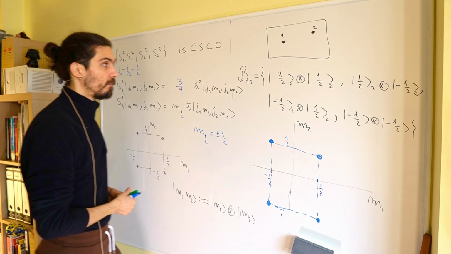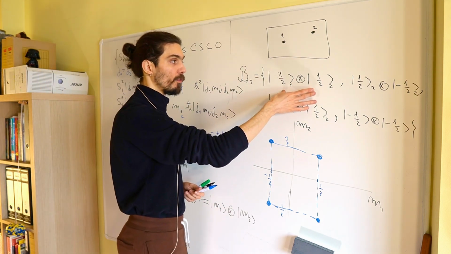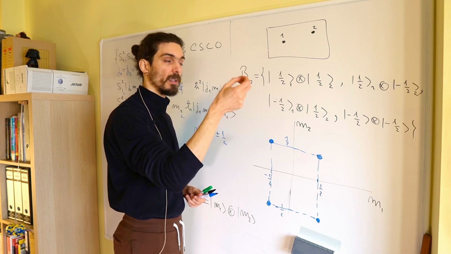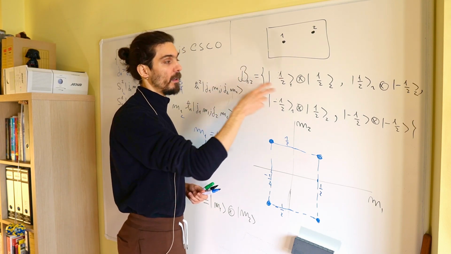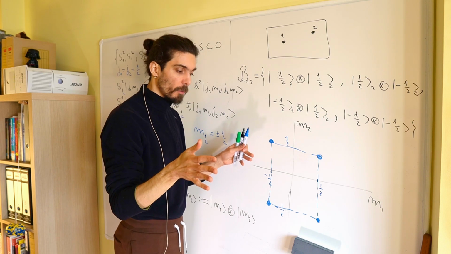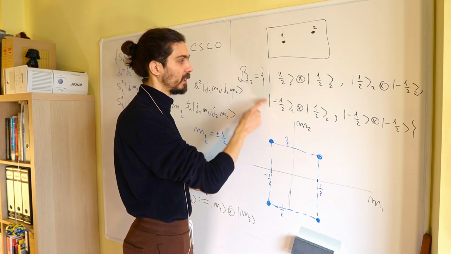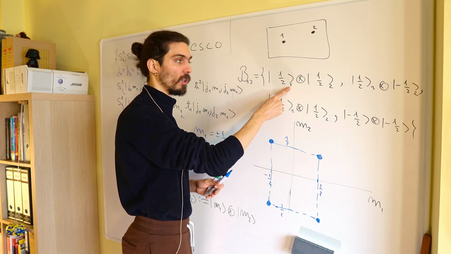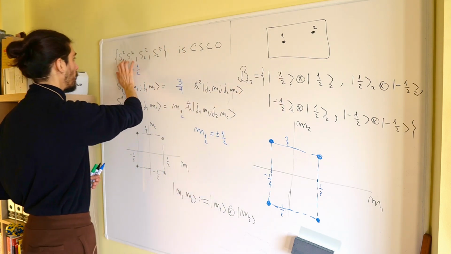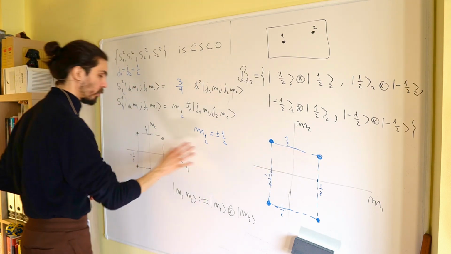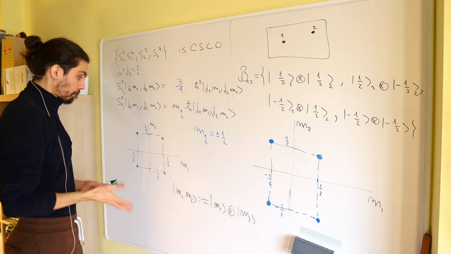Well, now I define, from the individual S1 squared and S1z and S2 squared and S2z operators, these tensor products. Well, I see that those kets are also eigenstates of these operators. They have the same structure, so they must coincide. Okay, that's it.